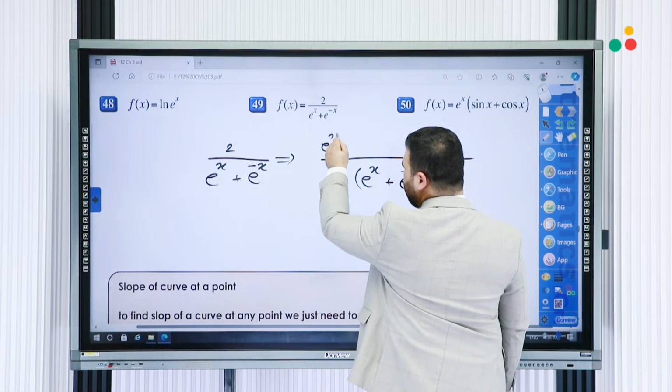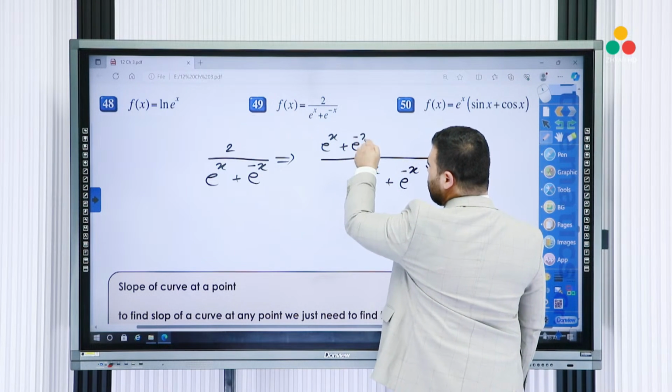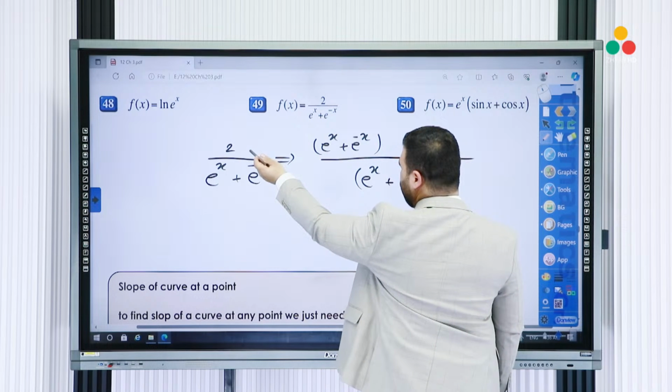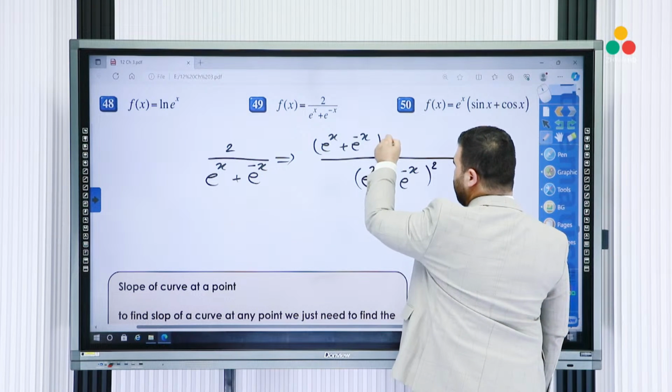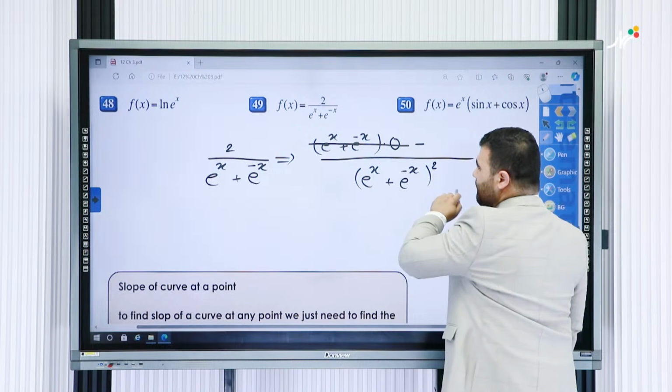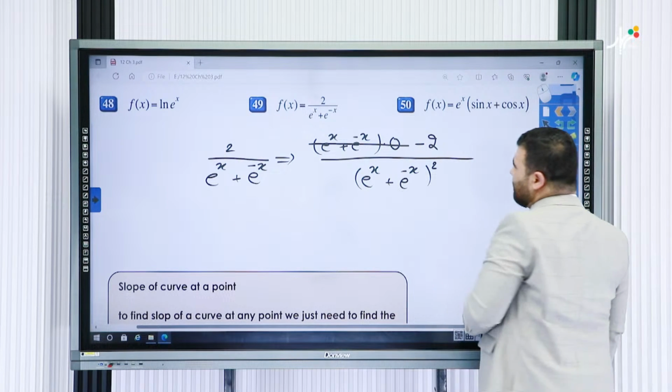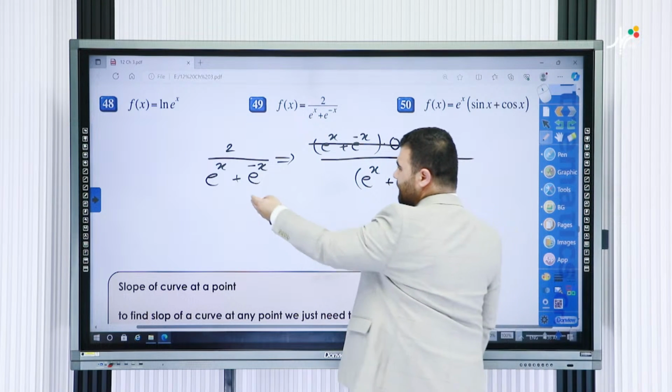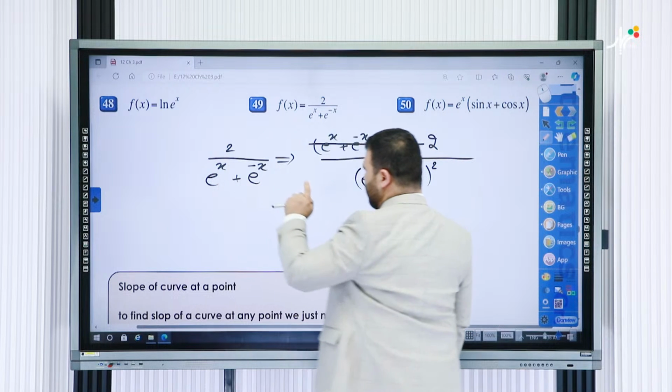Numerator, e^x plus e^(-x), times derivative of numerator. Derivative of 2 is 0 times 0, so it is gone. Minus 2 times derivative of this part. Derivative of this e^x is just e^x.